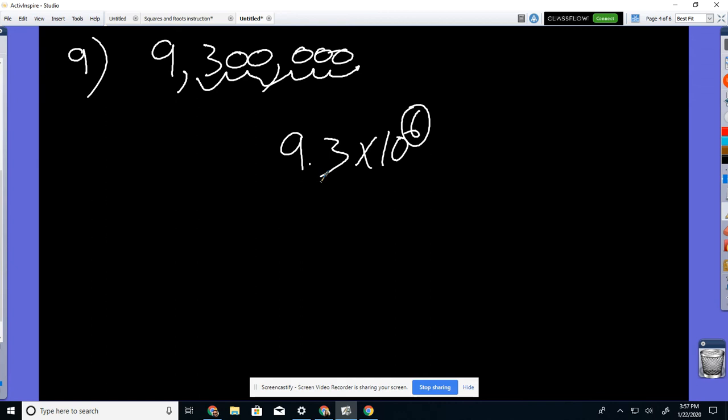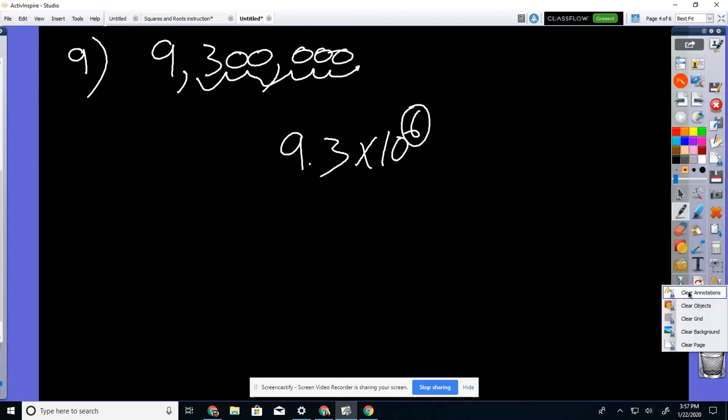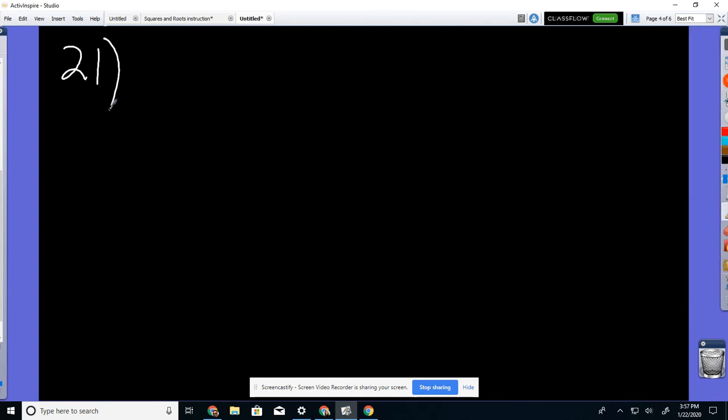Next thing we looked at was going from scientific notation to standard notation. Let's take a look at 21. Here we've got 2.74 times 10 to the negative 5.